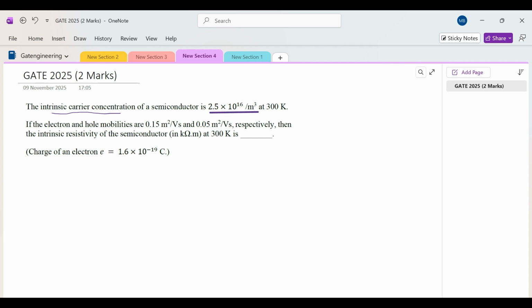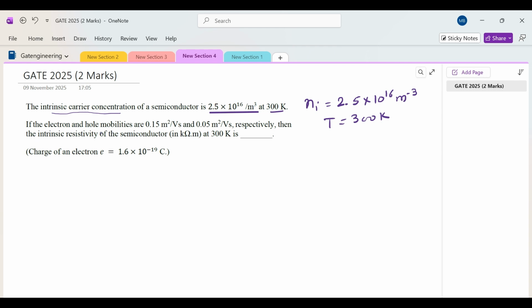So the carrier concentration is given as Ni, which is equal to 2.5 into 10 to the power 16 per meter cube at 300 Kelvin. So the temperature is also given, which is 300 Kelvin.